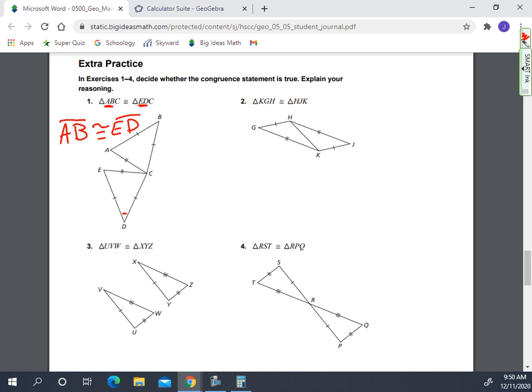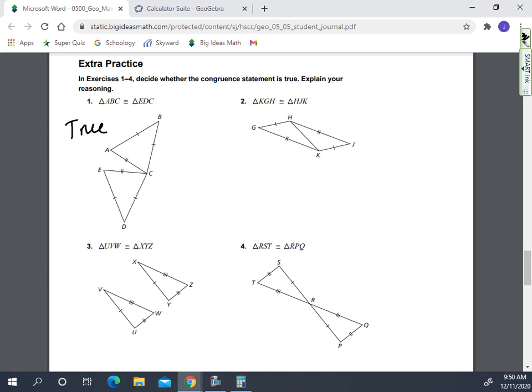Well, between A and B, there's one tick mark. So between E and D, there has to be one tick mark, which there is. Good. Another way we can tell is BC congruent to DC? Well, between BC, there's one tick mark. Between DC, there's one tick mark. So yes, that is true. Okay, so we know for sure they have their order correct. These two triangles are congruent, so true. And I just kind of explained it.